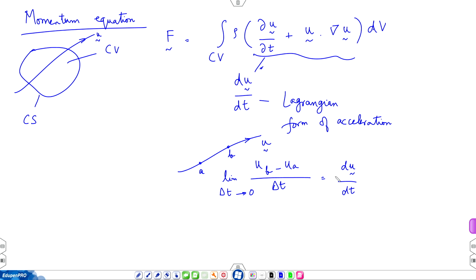What is the other form, the longer form of acceleration? The two are equal. What is that form called? The longer form, Eulerian, right? The longer form is called Eulerian.